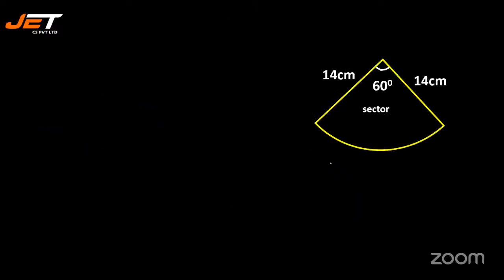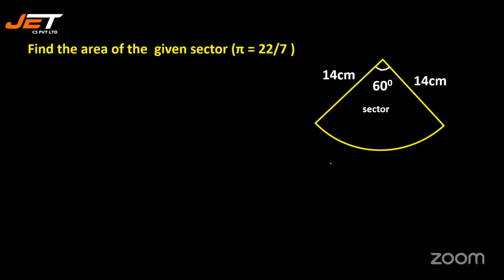Now you see here, we have to find out the area of the given sector. We are taking the value of pi to be 22 by 7. The area of the sector is theta by 360 into pi r square.